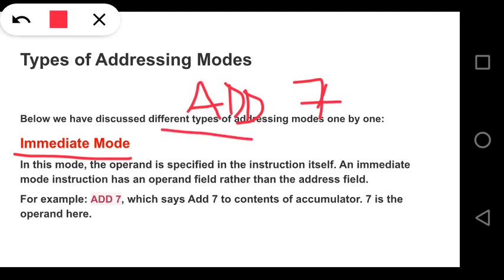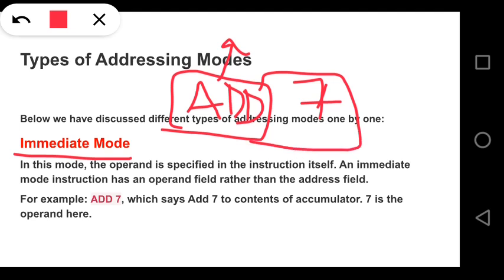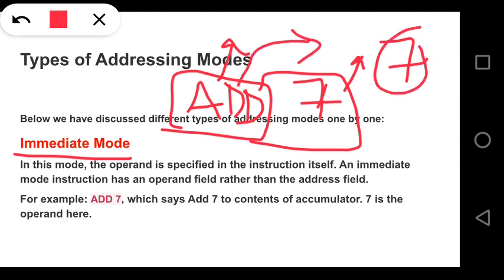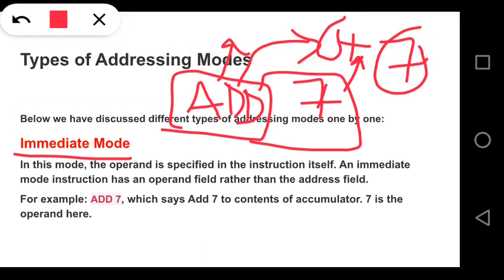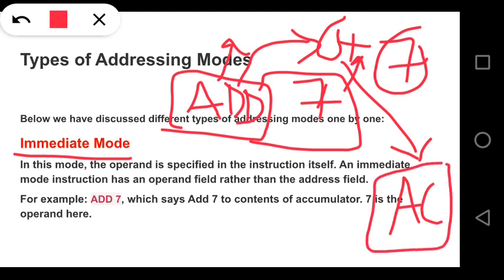With the opcode, the control unit can decode that it is required to perform addition. And look at the operand part. It contains only some value, 7. And you know that if I want to perform addition, I require two operands. What is the first operand? That is the value present in the accumulator register.